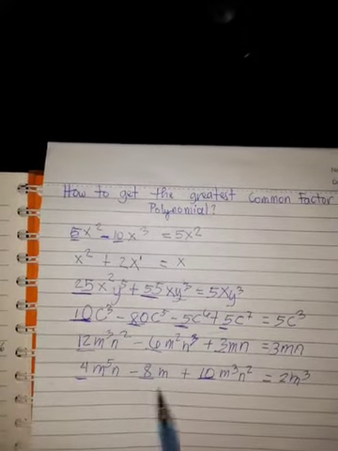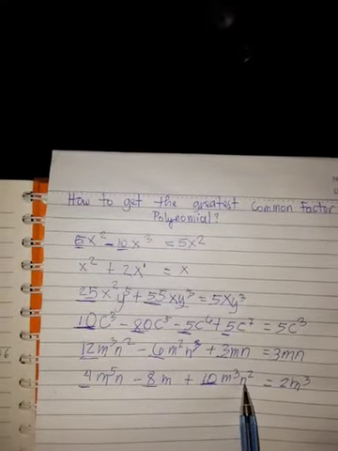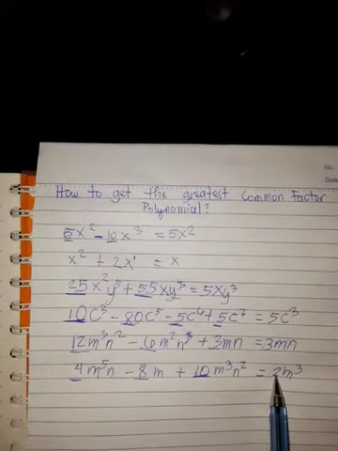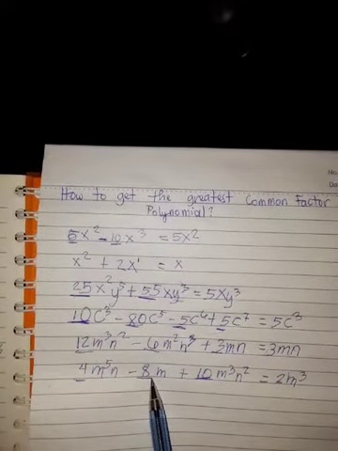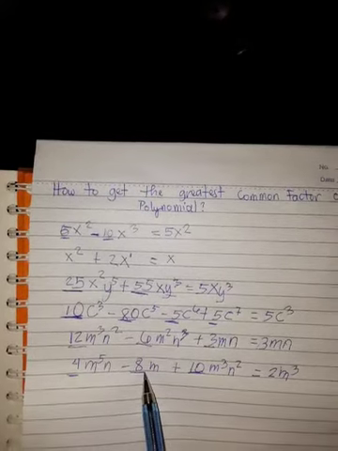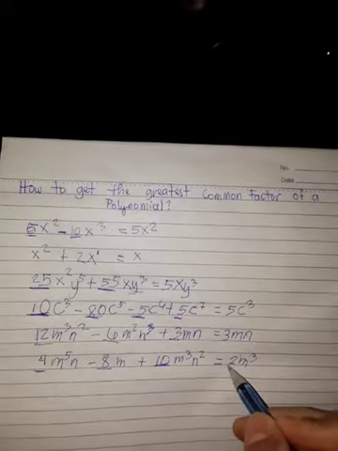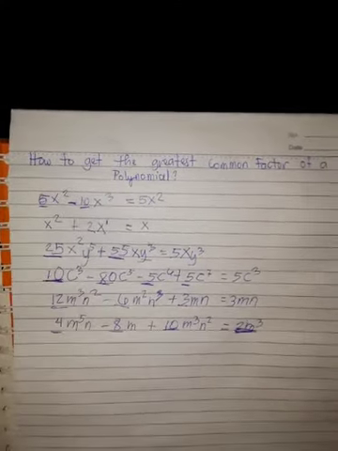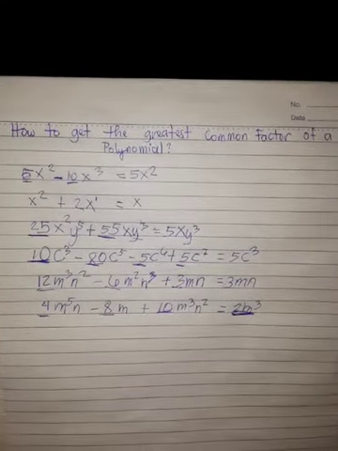The first term has n, the second term doesn't have it, the third term has n. Are we going to consider n as part of the GCF? No. It's a big no. Why? Because the second term doesn't have n as a literal coefficient. So our GCF here is 2m cubed. That's how we get the greatest common factor of a polynomial.